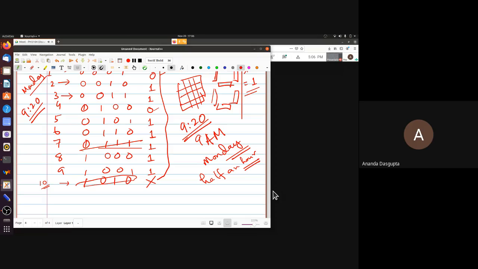But essentially, since it has been decided that the final exam will not be proctored, or at least will not be externally proctored, it's essentially now up to the teacher. So I will finalize this once the Senate meeting is over. I will let you all know. But roughly, let's say 70 to 80% will come from the internals, meaning the assignments and the class tests. 30 to 20 will come from a single exam, whose schedule will be given. So the end semester will not be 50 marks, it will be at most 30 to 20.